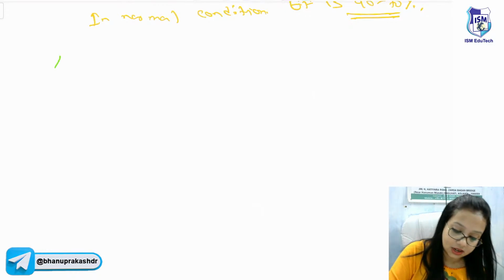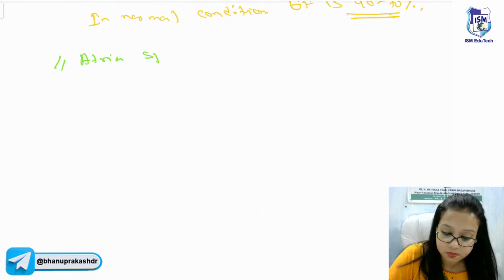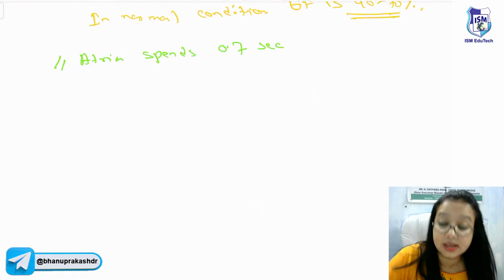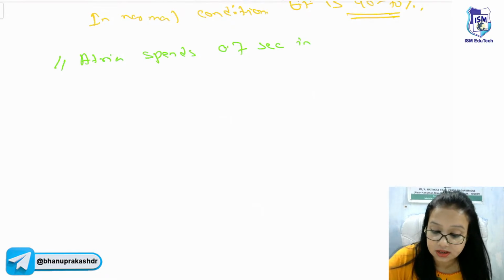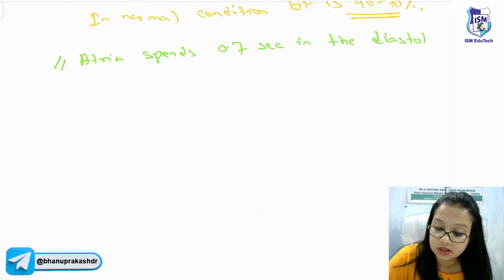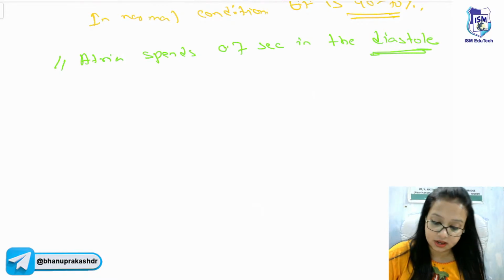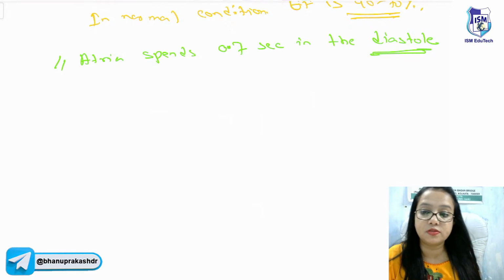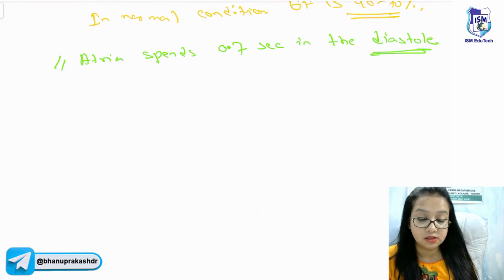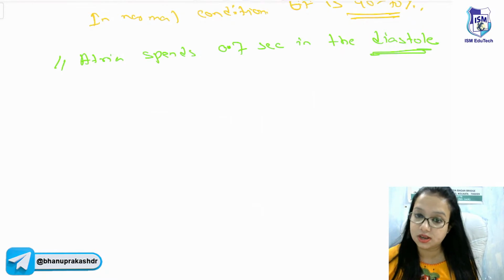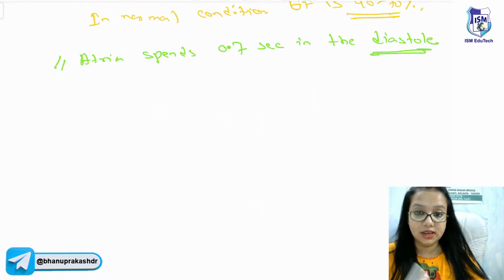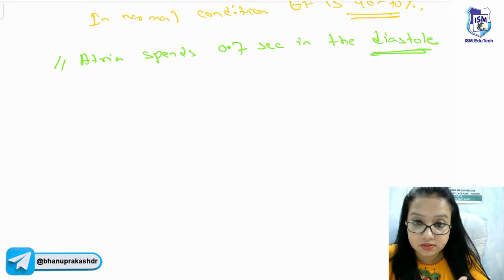So the atria spend like 0.7 second in diastole. It means it is spending the maximum of its time in the filling of the atria. Now, when it came to the ventricle, what did we study?